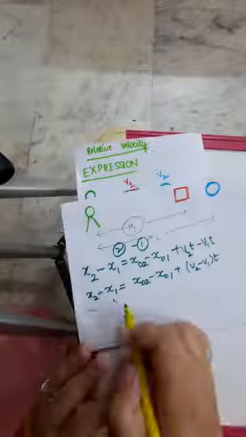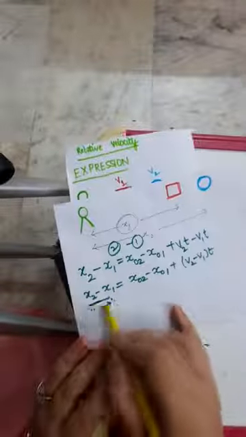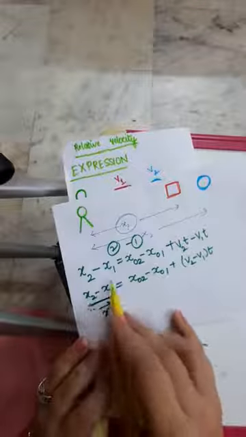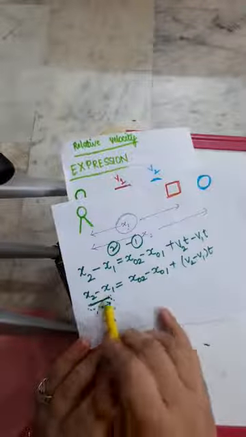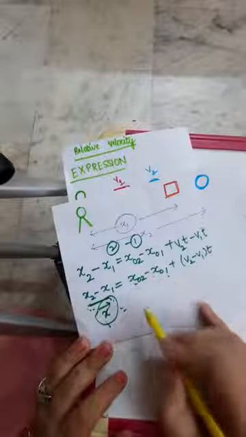Now let us denote x2 minus x1 simply by x vector. When you solve this, you will get some value, and let us suppose that is x vector. And x02 minus x01, suppose that is x naught vector.